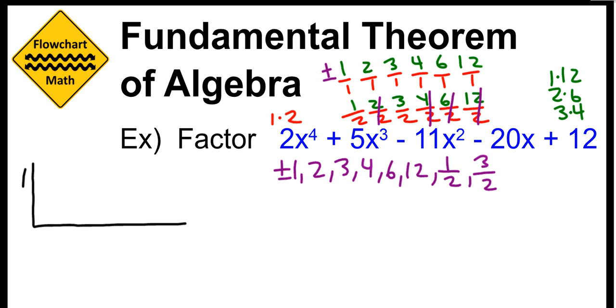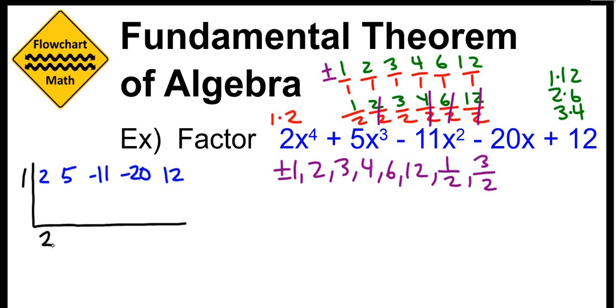That's my polynomial. It says 2x to the 4th and 5x to the 3rd and negative 11x squared, negative 20x plus 12. So write those coefficients, and we're going to go through the synthetic division process. We're looking for a remainder of 0. Basically, that means that this number 1 works.